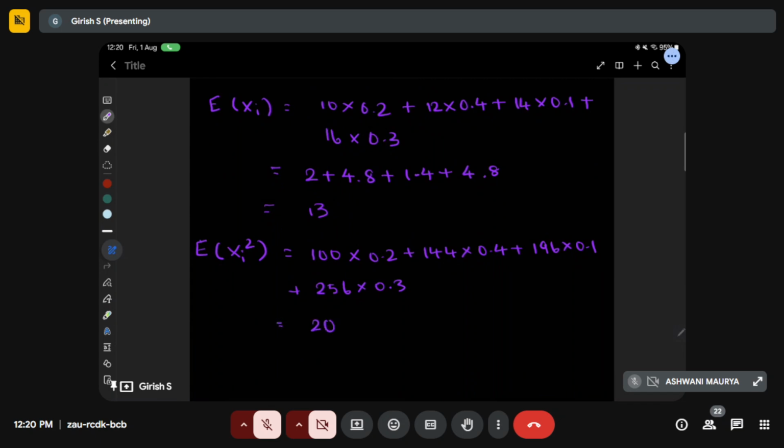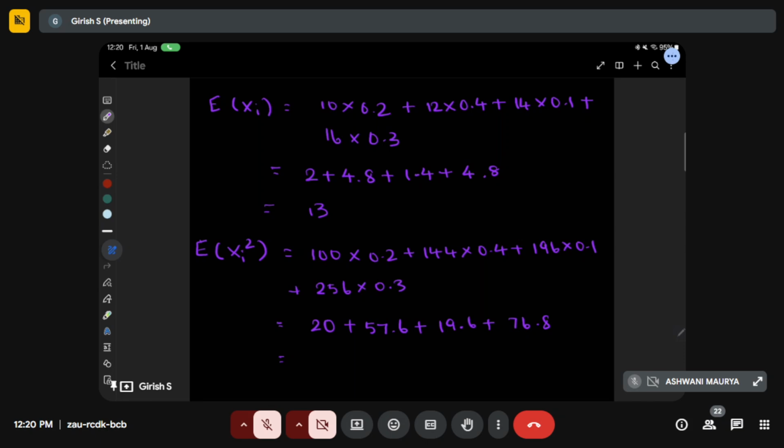So here it is 20, and 57.6, and this becomes 19.6. And this one we need to calculate. I think it should be 76.8 if I'm not wrong.